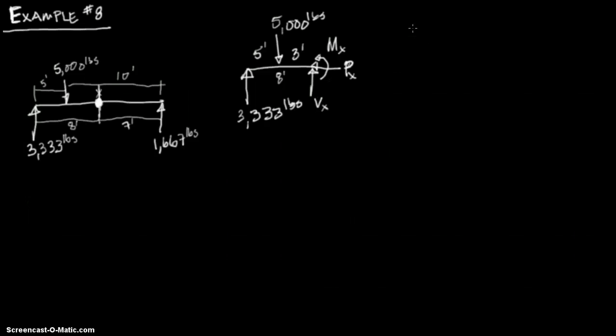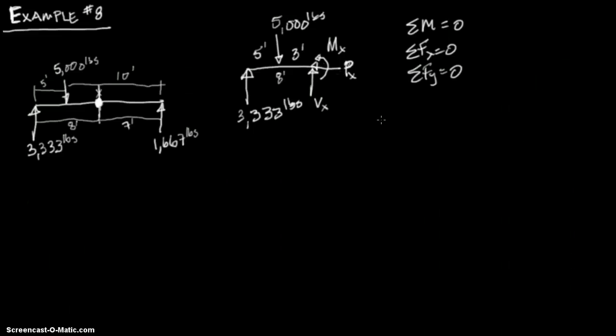You use the equilibrium equations, which once again are the sum of moments about a point equals 0, sum of the forces in the X direction equals 0, and the sum of the forces in the Y direction equals 0. Once again, you want to isolate one of your unknowns.